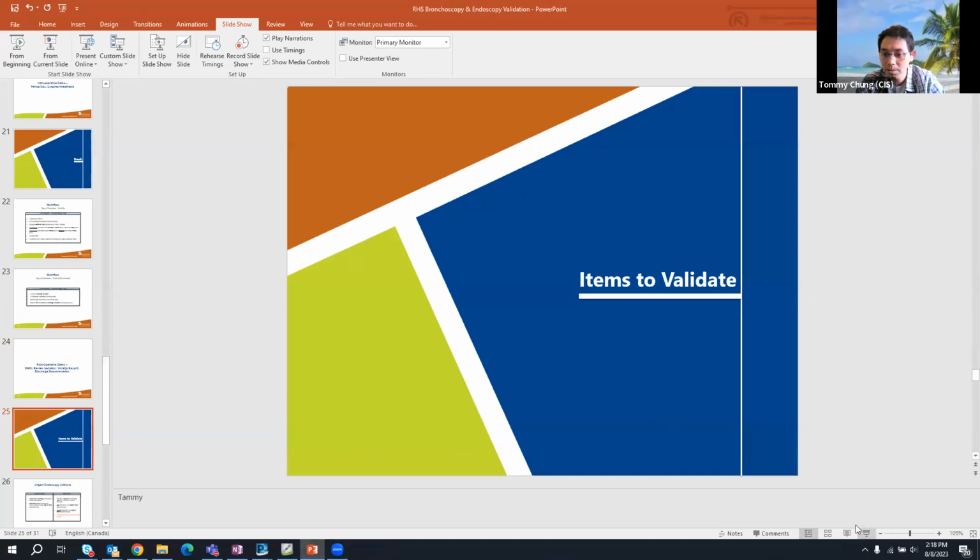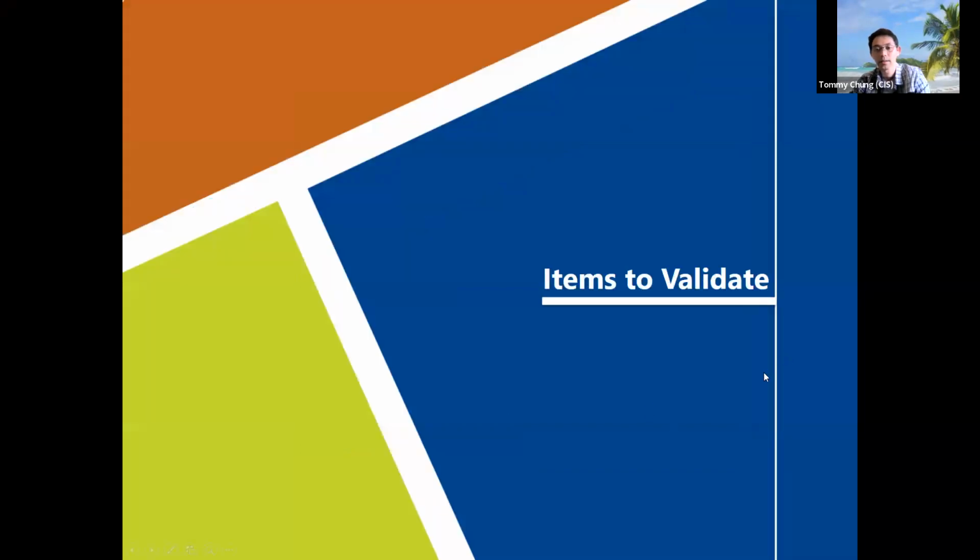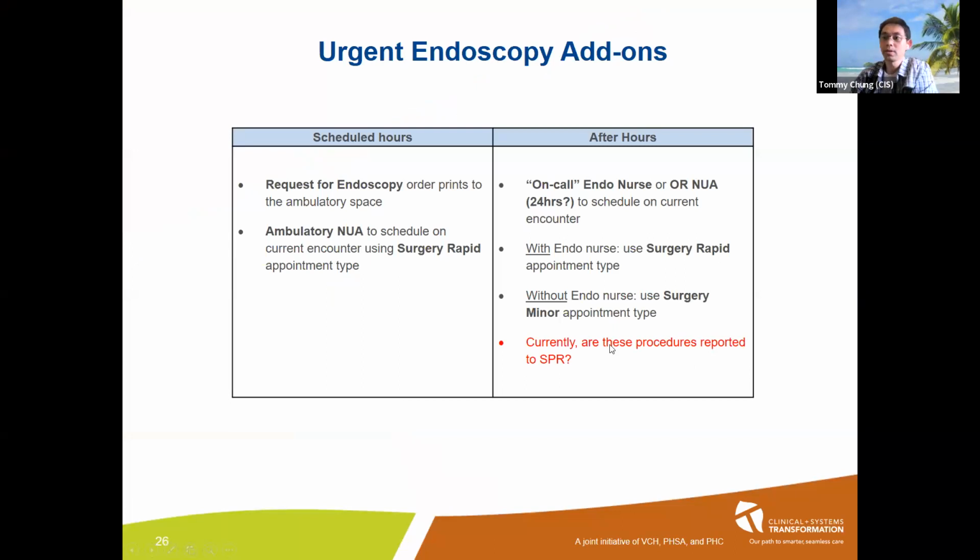Okay, we have a few things we would like to validate. The first is for the urgent endoscopy add-ons. So for scheduled add-ons, a request for endoscopy order comes from the physician and it prints to the ambulatory space where the ambulatory clerk schedules on current encounter using the surgery rapid appointment type.